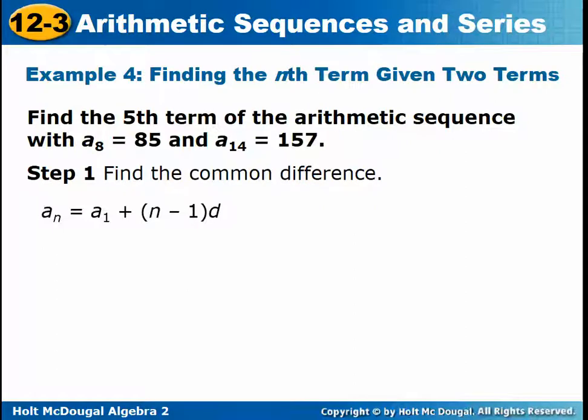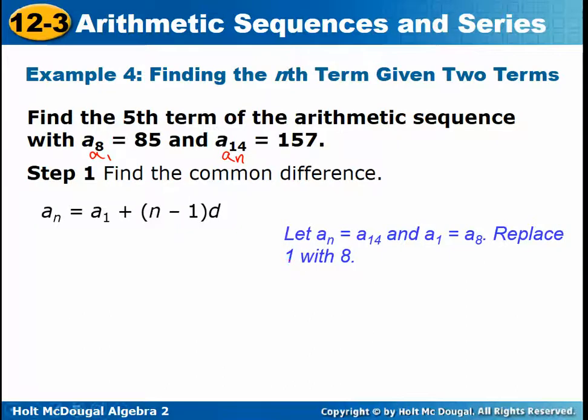So what we're going to do is we start by writing the general rule that we've been using all along, and we're going to let this one be a sub 1, the lower one, and this one be a sub n, and we're going to plug those into the formula. There's a mistake here. Instead of n minus 1, we're going to put 8 here because I replaced a sub 1 with a sub 8 here.